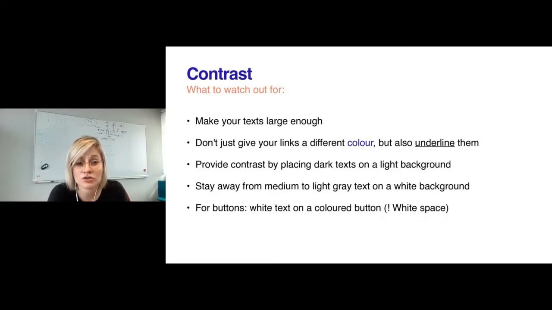Provide sufficient contrast by placing sufficiently dark texts on a sufficiently light background and vice versa, and stay away from medium to light gray text on a white background. Dark gray is, however, possible. And then for buttons, white text on a colored background is usually the easiest to read. And also white space plays a role in this, but we'll get back to white space later on.